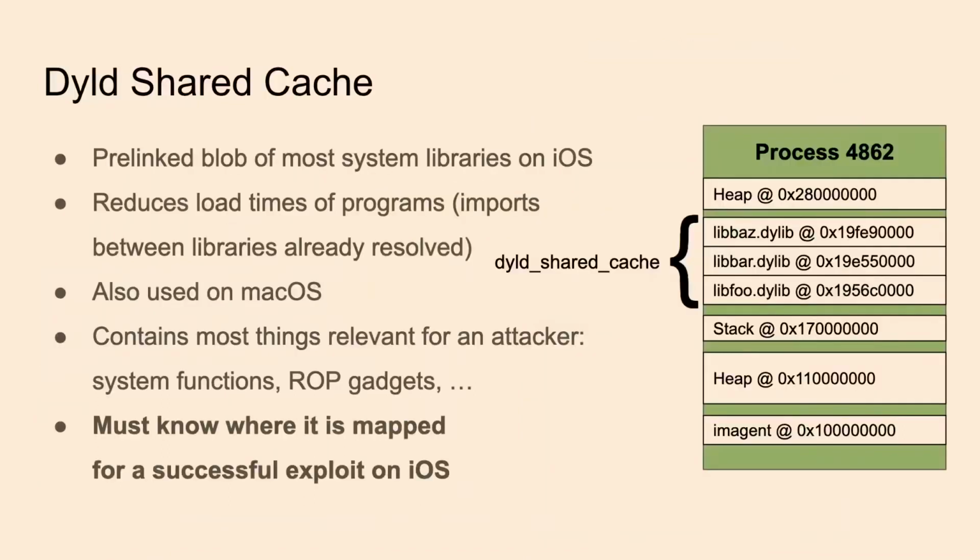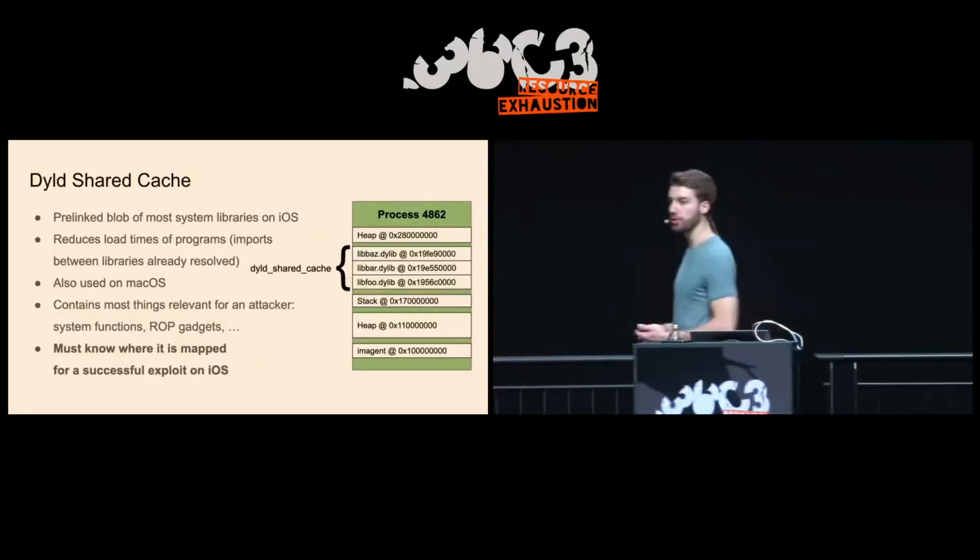Let's go back to the virtual memory space. On iOS and also on macOS, the libraries, so maybe in this case those 3 libraries, but in reality it's like hundreds of system libraries, they are all pre-linked into one gigantic binary blob, which is called the DYLD shared cache.